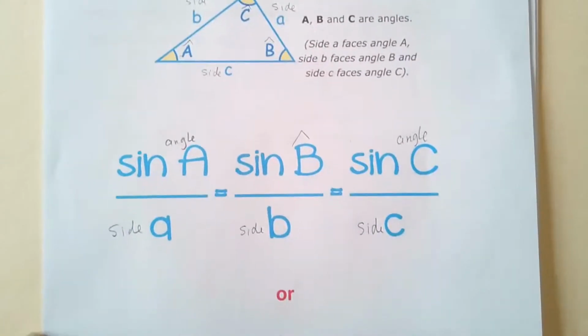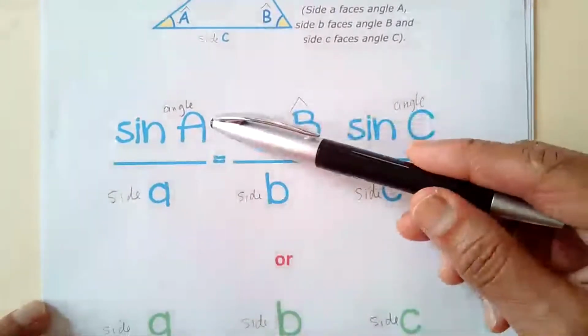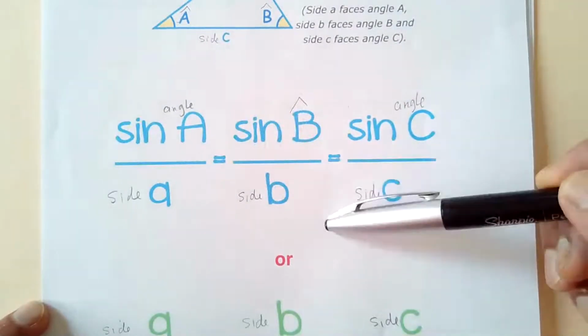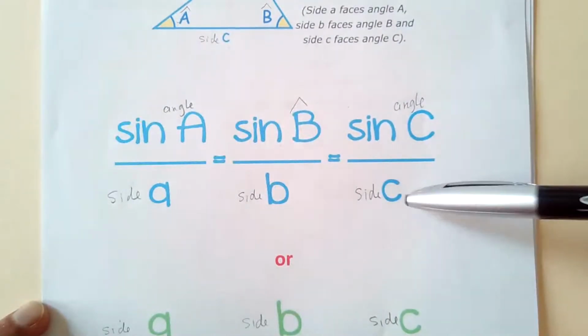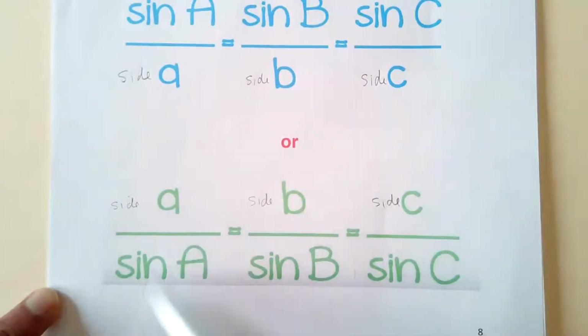And the sine law can be written in two ways. Sine angle A over side A, sine angle B over side B, or sine angle C over side C, or we reverse the ratio, side over angle, side over angle.